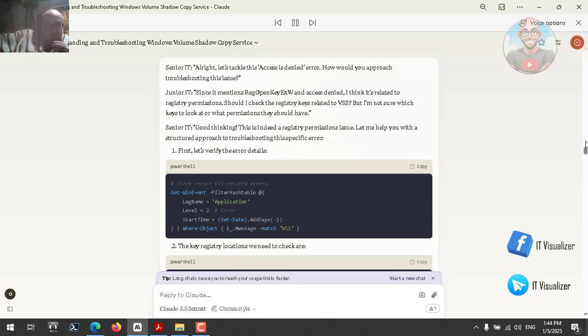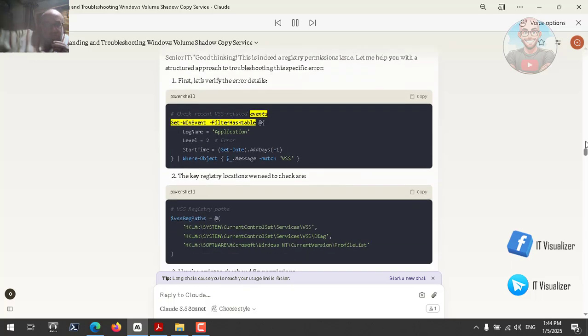PowerShell. Hashtag check recent VSS-related events. Get-WinEvent -FilterHashtable @{LogName = 'Application'; Level = 2 # error; StartTime = (Get-Date).AddDays(-1)} | Where-Object {$_.Message -match 'VSS'}.